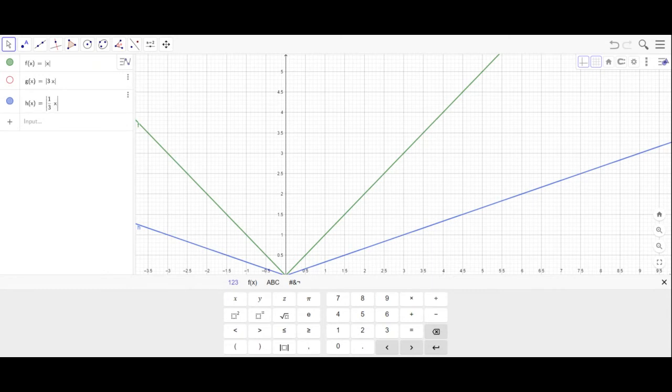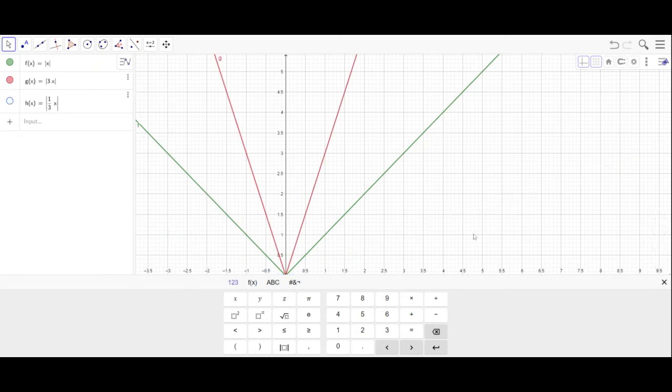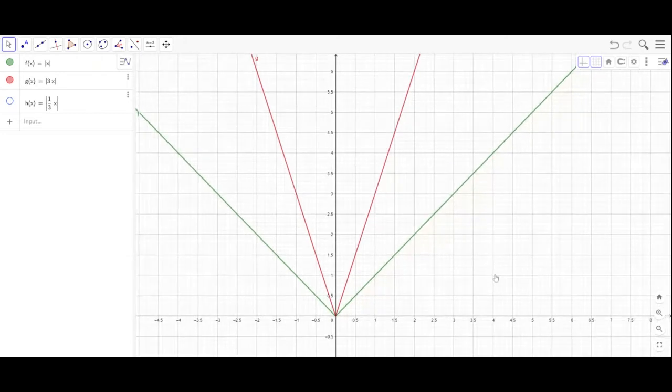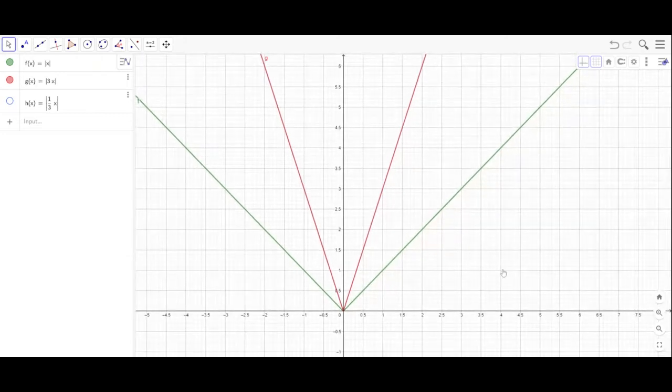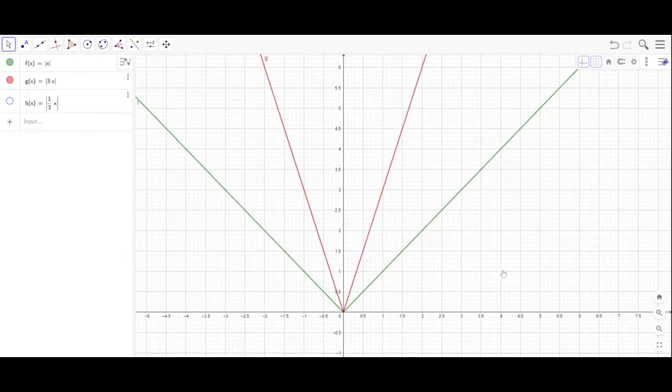Okay, there you go. So I'm going to turn on the red and turn off the green. Okay. Now, who thinks this looks exactly the same as before? Multiplying the 3 on the inside or the outside. Does it look the same to you?